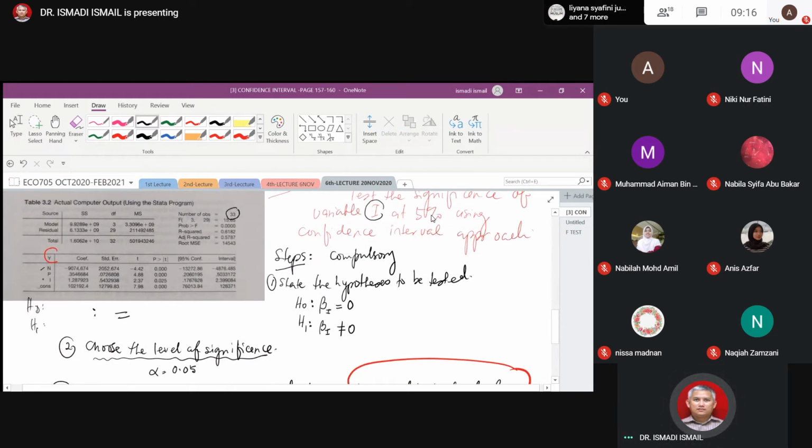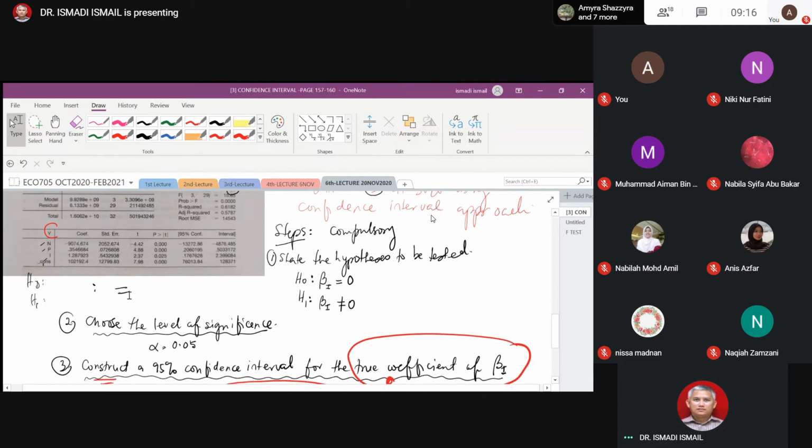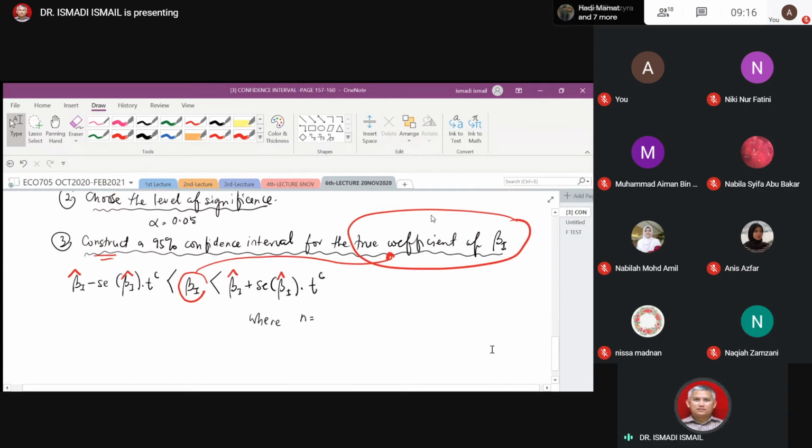We have 1, 2, 3, three independent variables. So n is 33, k is 3, and the degree of freedom n minus k minus 1 is 29.